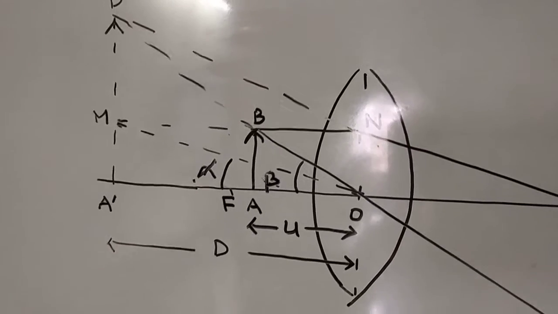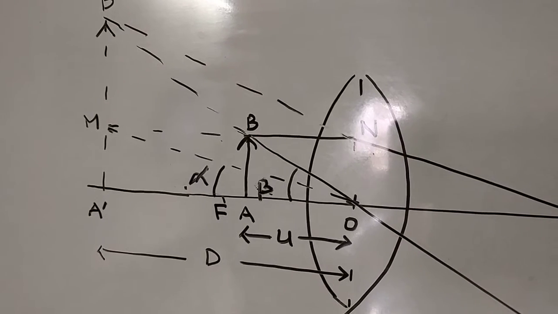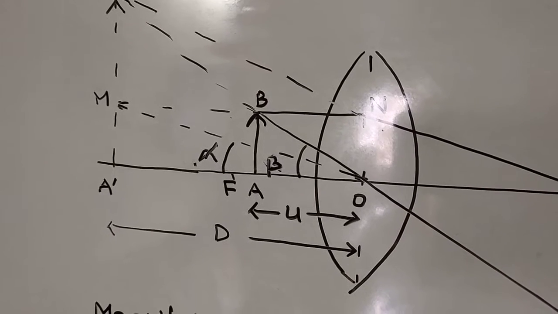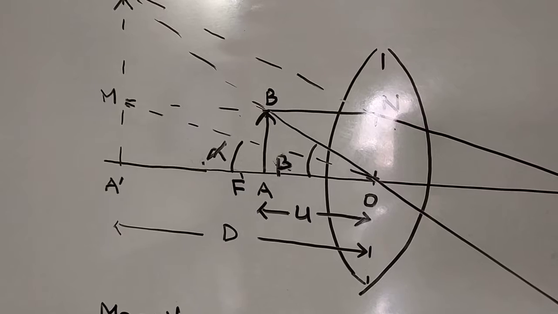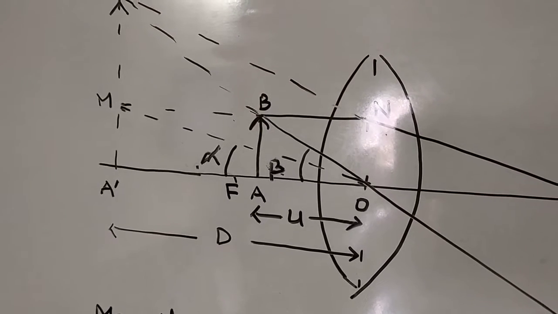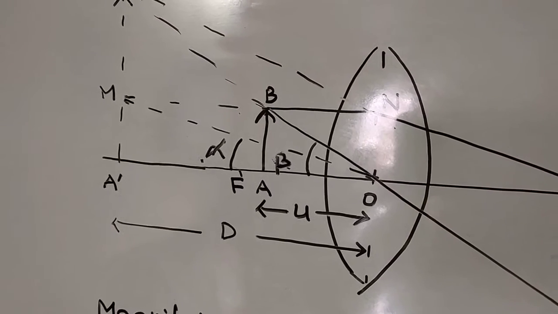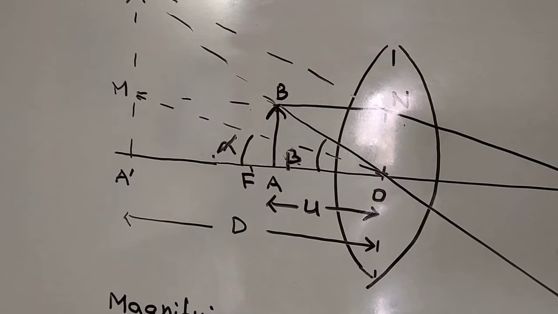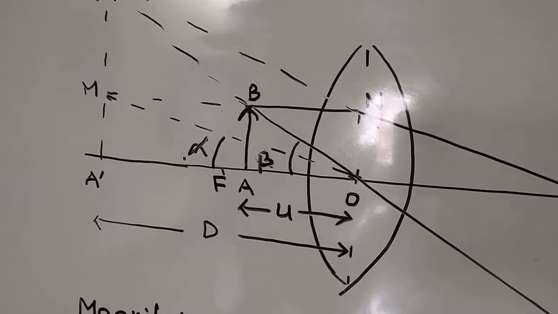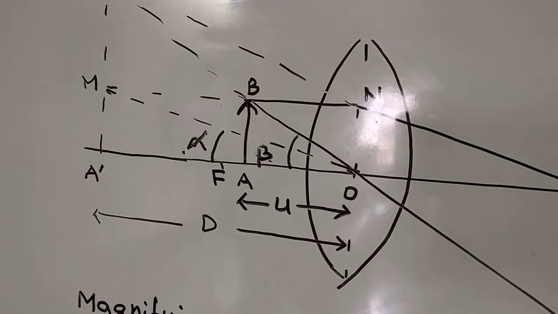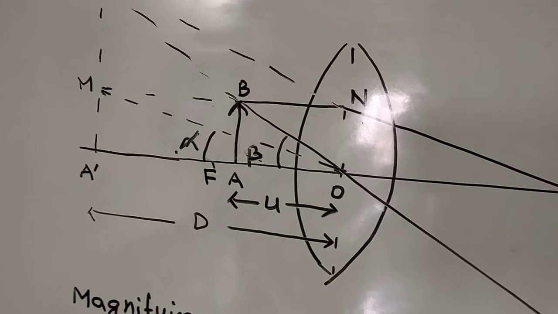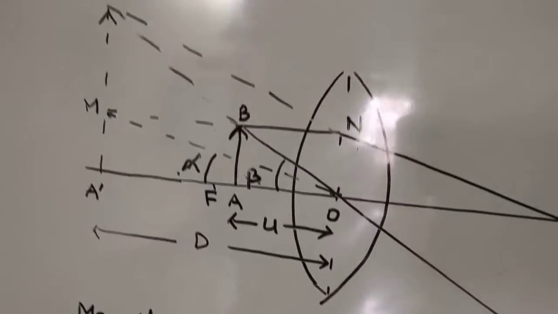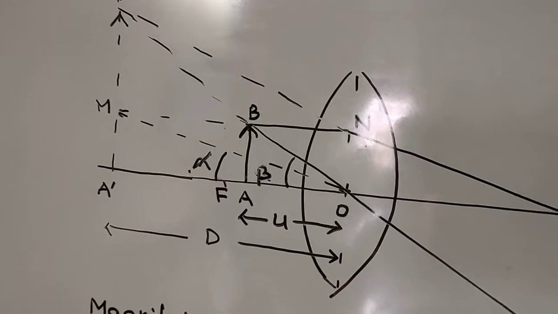Now if you want to place the object at the least distance of distinction geometrically, what we have to do, we have to extend the rays, or we have to extend the line, and we have extended B till M, so A dash M, and the ray makes an angle alpha with the principal axis. Now beta is the angle made by the image and alpha is the angle made by the object when both are at the least distance of distinction.